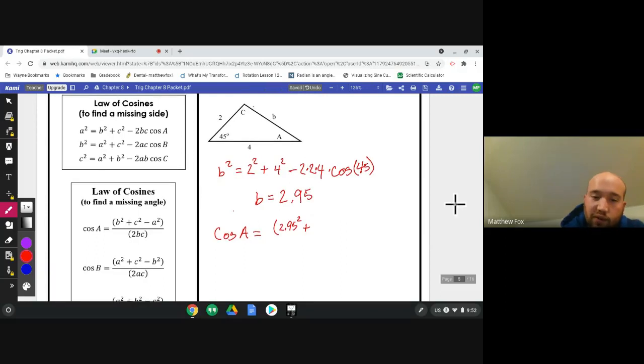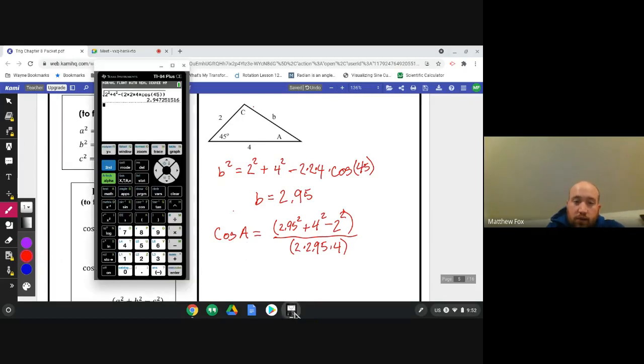Okay, so C was 4, so plus 4 squared, minus A is 2, so minus 2 squared. And then we'll divide all that by 2 times B, which is 2.95, times C, which is 4. Now, when we type this into our calculator, remember we're going to do the inverse cosine. So once again, double check up here. Yep, we're in degrees, so we're good.